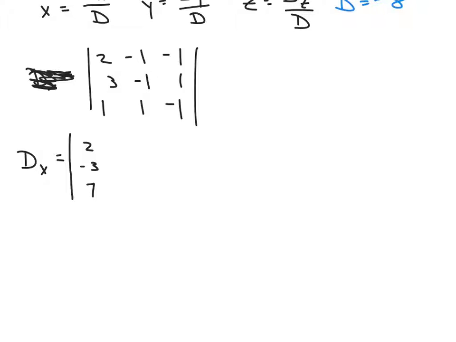Okay, they go first. The next part is the y part, this part right here, so we're going to write that next. And the third one is going to be the z part, that right there.